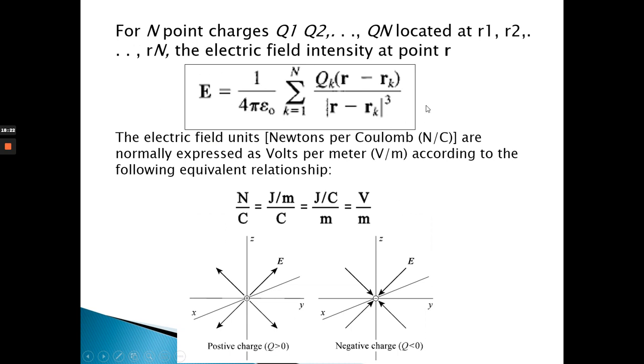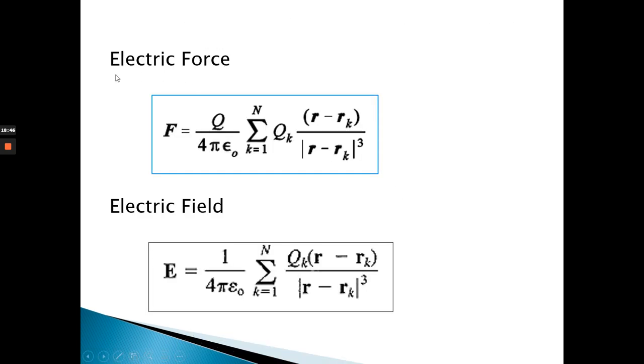Similarly, if there are many charges, it will follow the same equation as the force equation, and the unit of this one is volt per meter. Now you read these things a little bit, I have explained it here. What is the difference between these two? Electric force is equal to Q over 4 pi epsilon, summation Qk multiplied by R minus Rk divided by |R minus Rk| cubed, right?